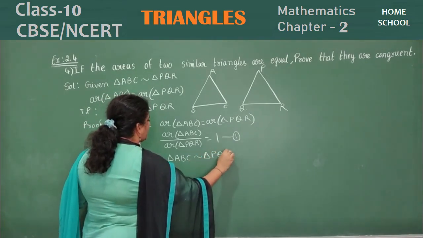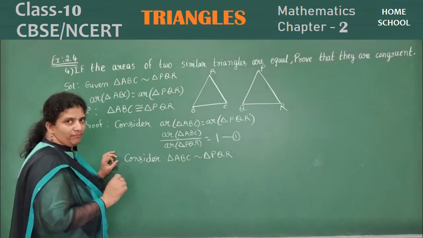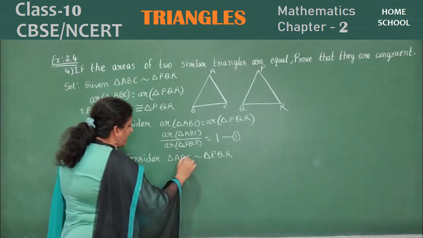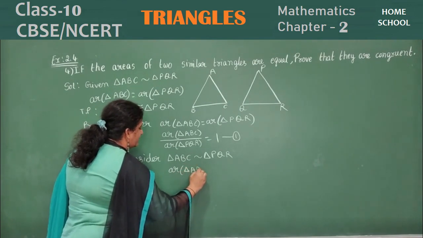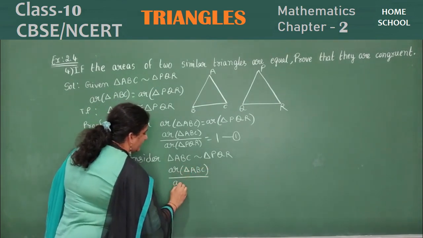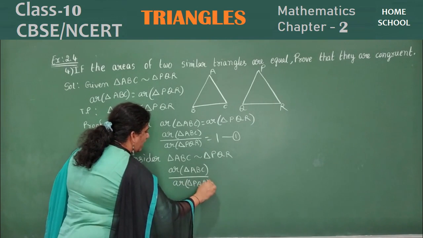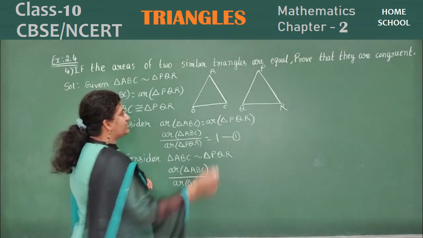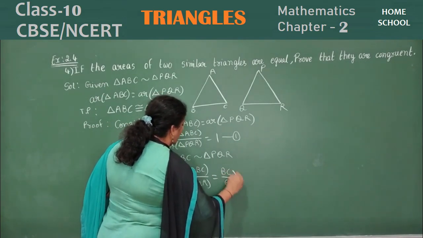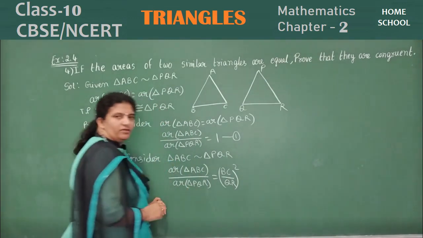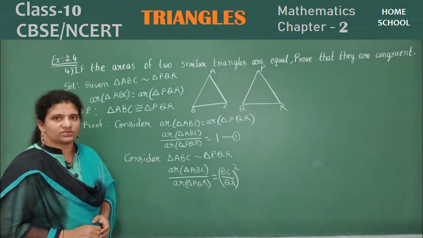Now by this statement, let us consider triangle ABC is similar to triangle PQR. Right? If they are similar, the ratios are in proportion. So area of triangle ABC by area of triangle PQR is equal to the sides squared, children: BC by QR whole square, or AB by PQ whole square, or AC by PR whole square, you can write.